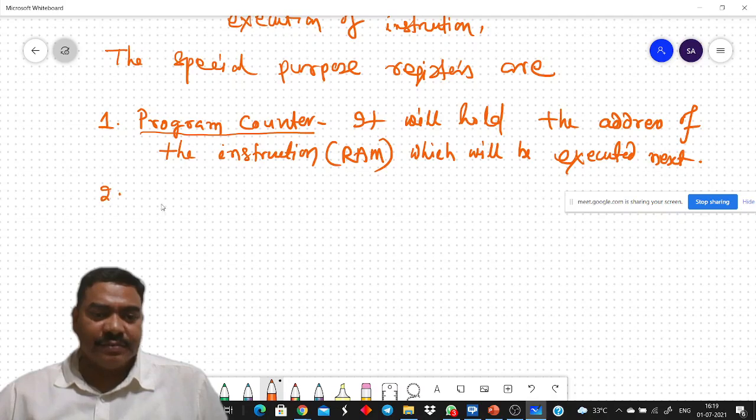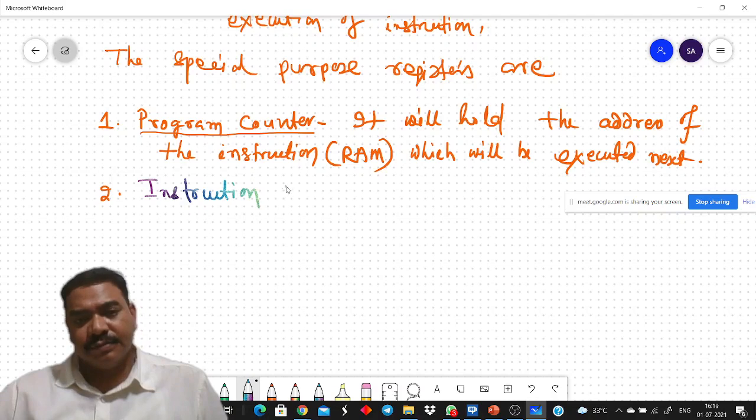Second is the instruction register. The instruction register is a register which will hold the instruction after it is fetched from the memory.